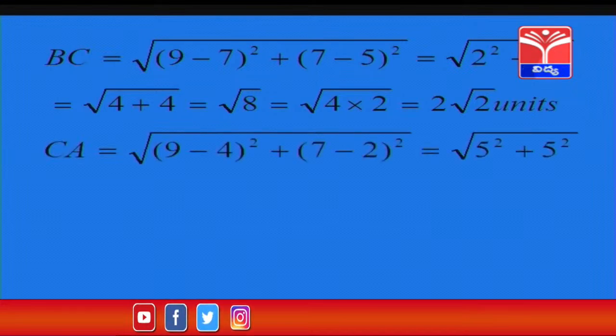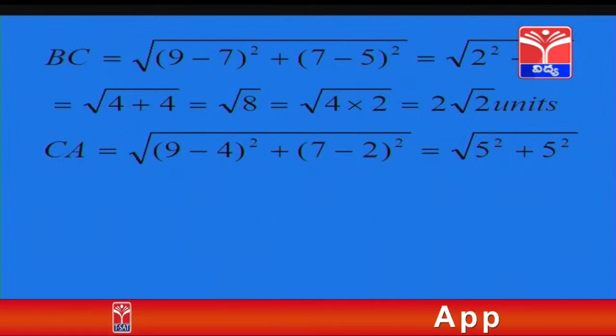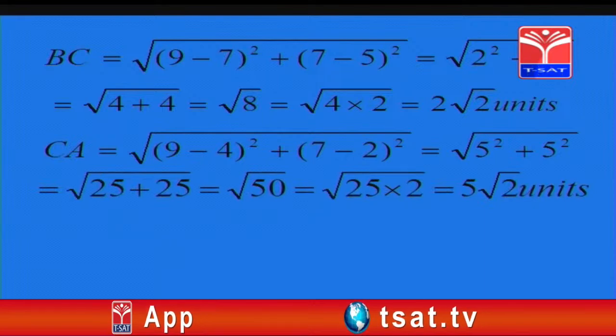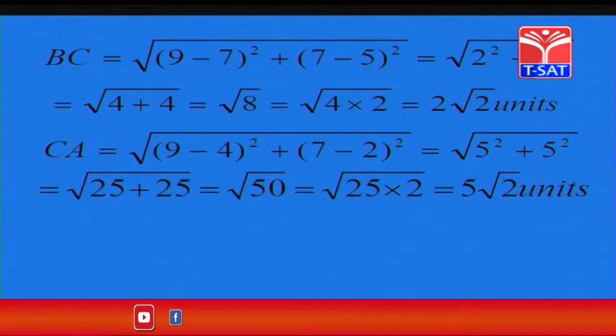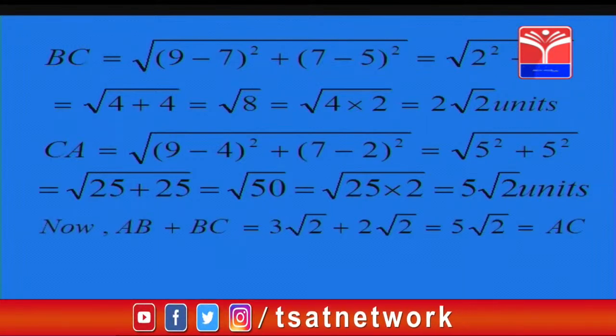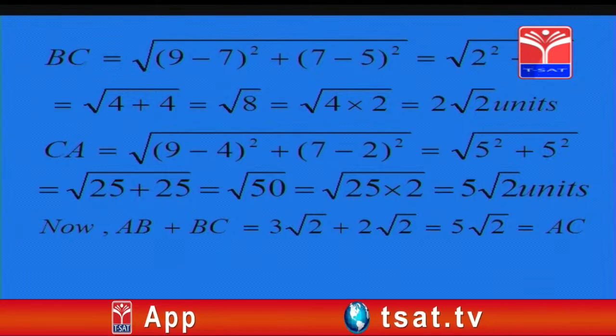Now, when we find CA, we get under root (9 minus 4) whole square plus (7 minus 2) whole square, that gives me under root 5 square plus 5 square. So, we get under root 25 plus 25, that is root 50, and 5 root 2 units. So, when we add up AB and BC, we are getting 3 root 2 plus 2 root 2, which gives me 5 root 2, and that is equal to AC.